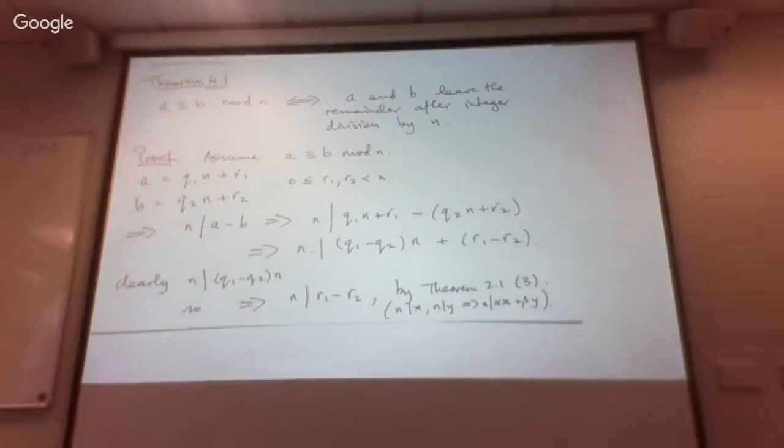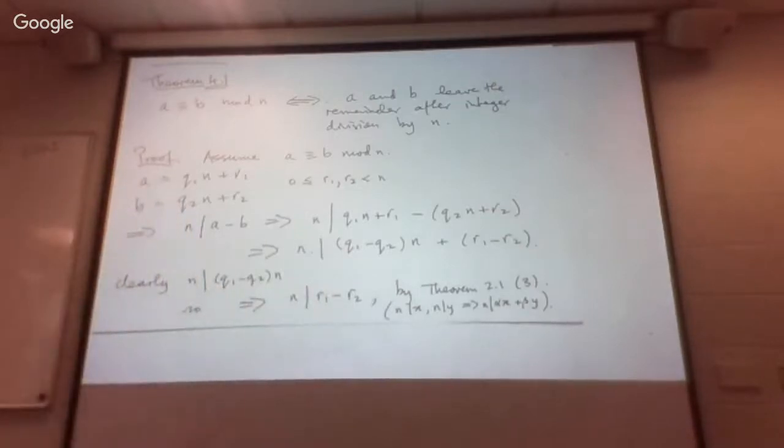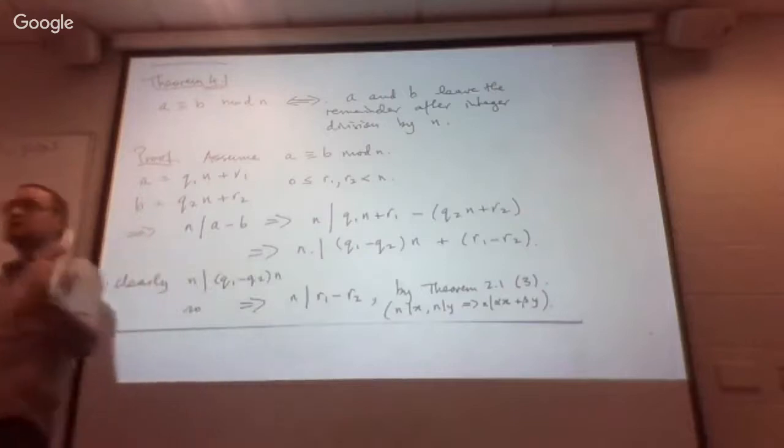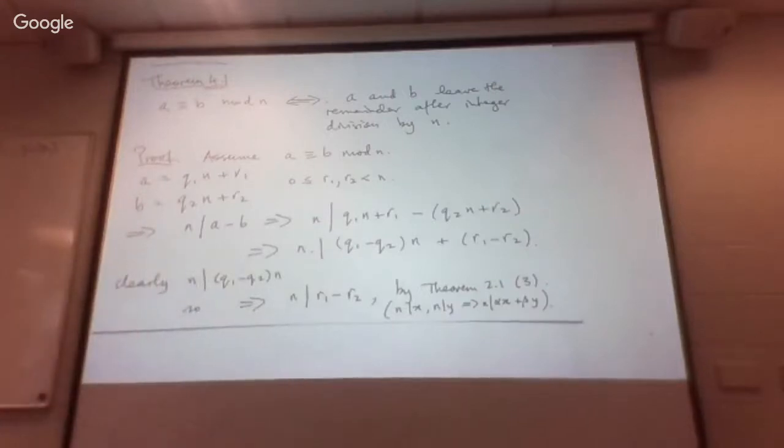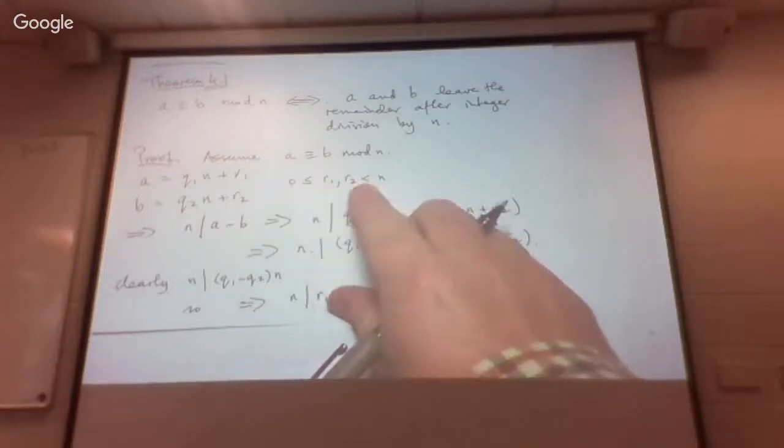Okay, so remember, we're trying to prove that R1 equals R2. Now we know that n must divide the difference between them. So you can think of this along the number line. The distance between R1 and R2 is a multiple of n. But we know a lot about R1 and R2. We know that they're between 0 and n.